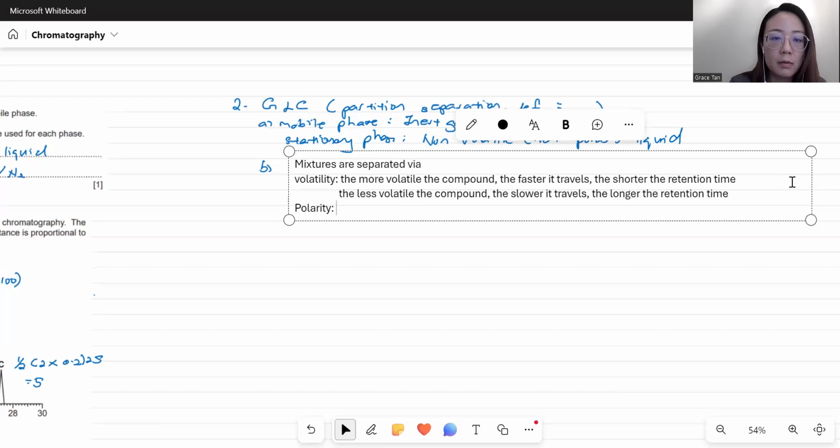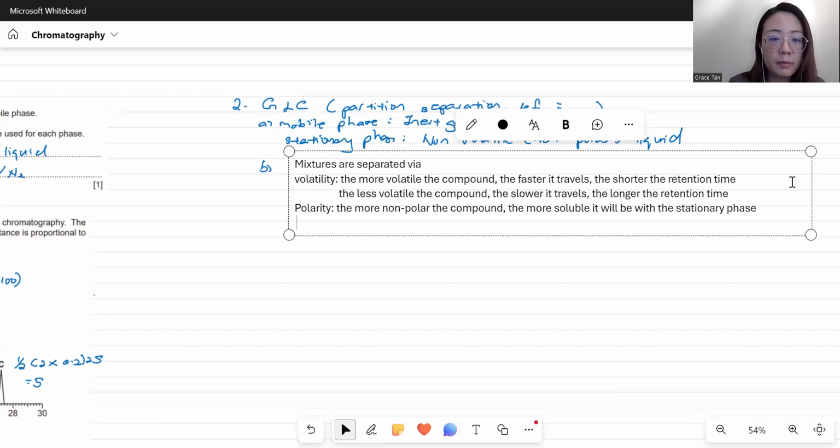The more non-polar your compound, the more soluble it will be with the stationary phase.